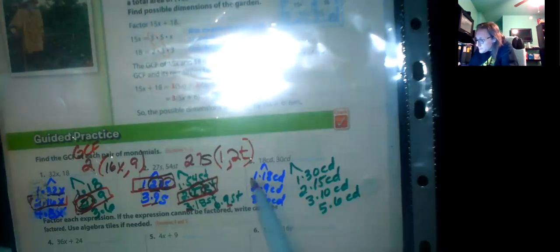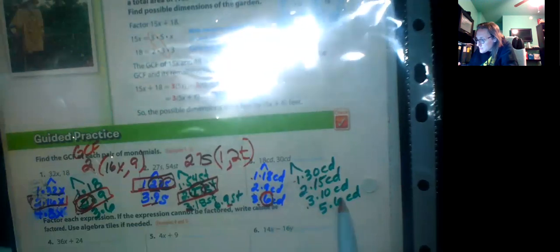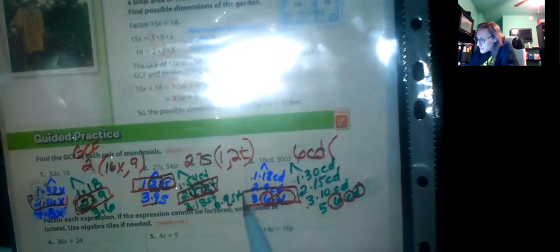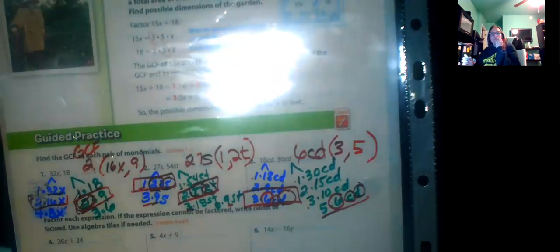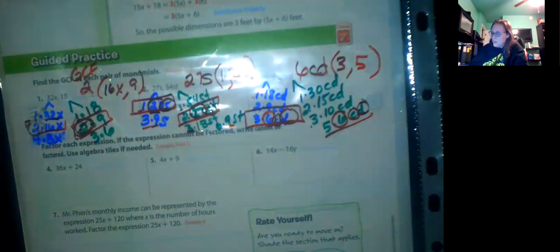They have a 1, they have a 2, they have a 3, they have a 6. I don't see anything else, so 6 it is. They also have a c on both sides and a d on both sides. So then what's left? 3 and 5. You'll get used to it. Just write it out. Use some scratch paper.